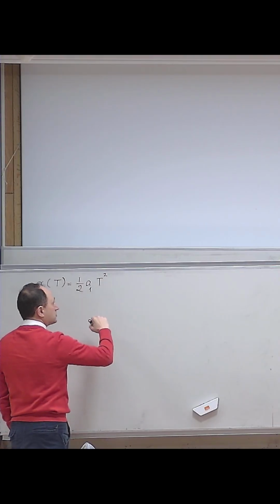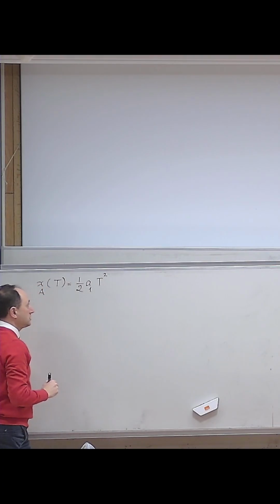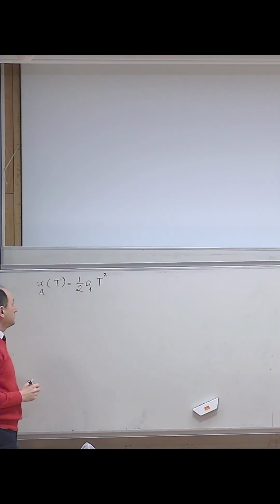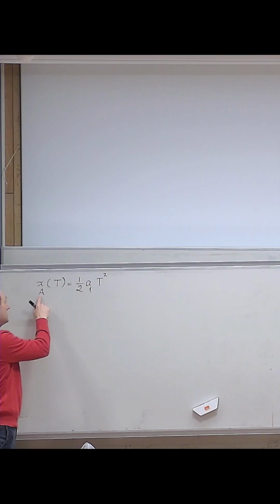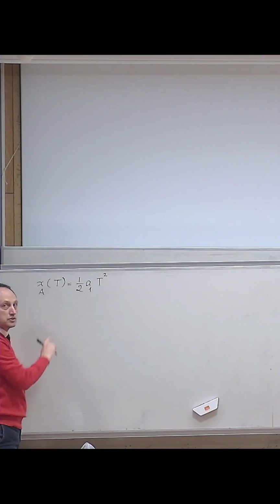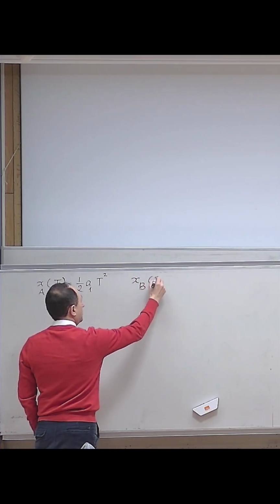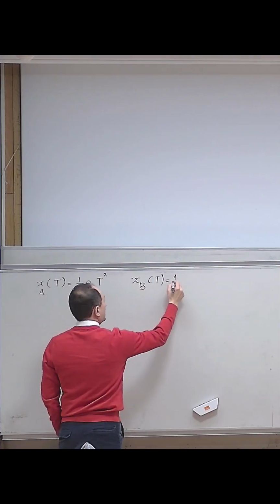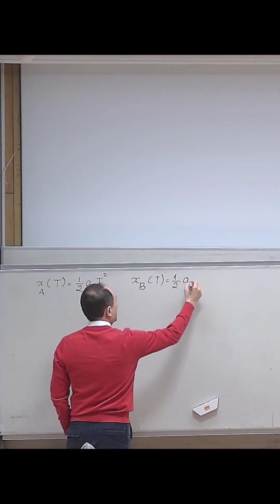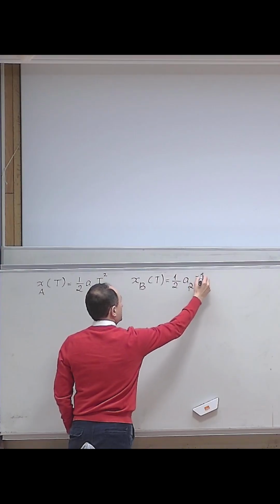But because they have started from rest, I do not have any initial velocity. So that is the formula for the location of car A at the generic time T. And I can write the similar thing for car B. So this becomes 1 over 2 a sub 2 T squared.